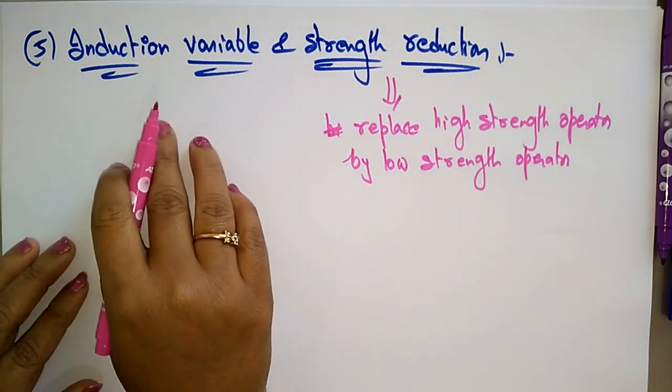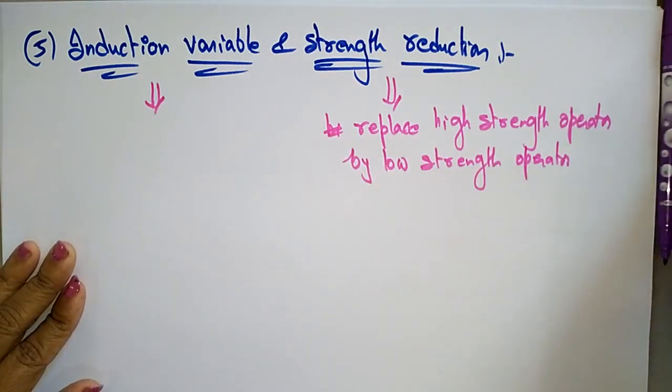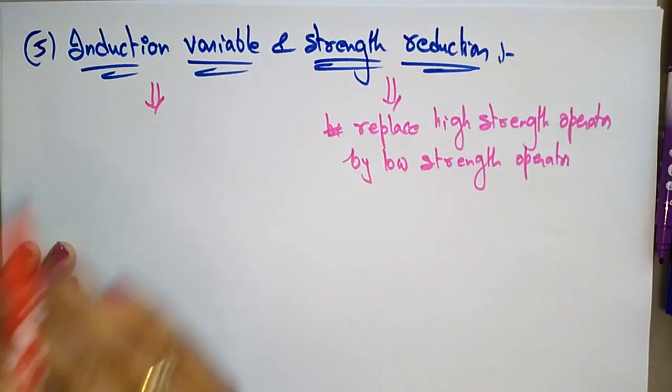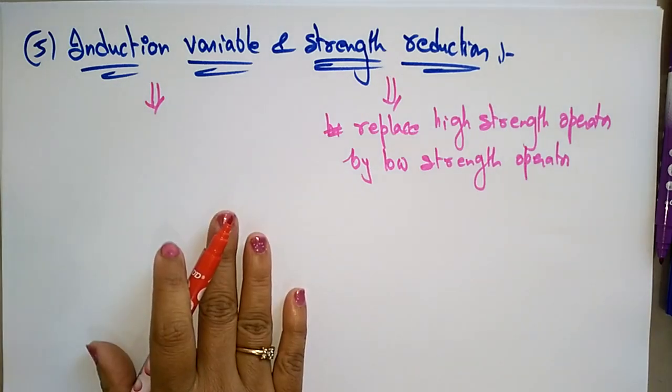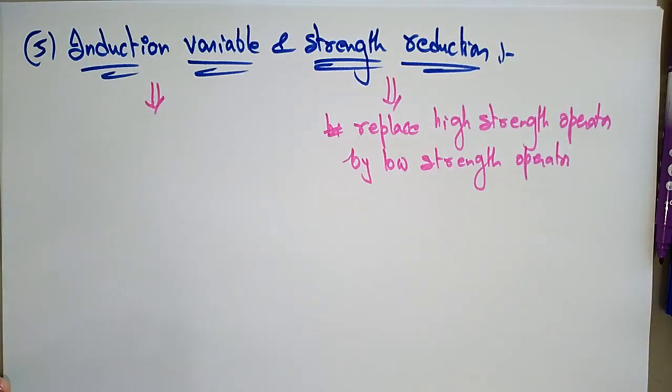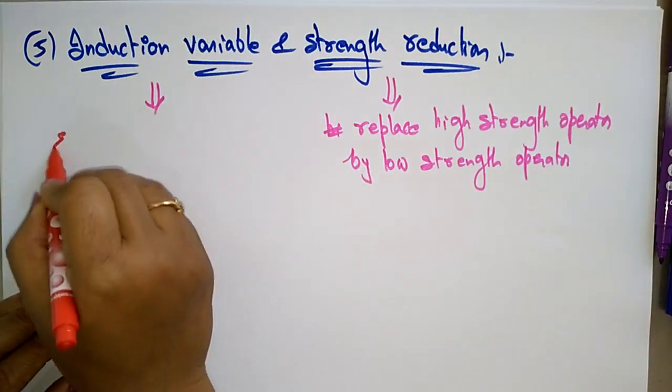An induction variable is used in the loop for the following kind of assignment, like suppose i is equal to i plus constant. Let me show you the example for this induction variable.